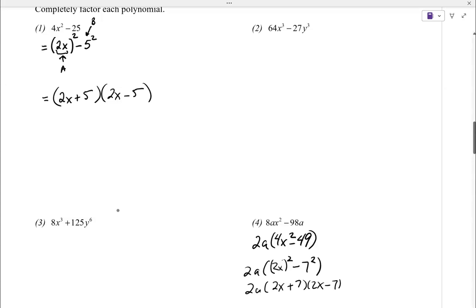So again, remember, I'll just write it down here since that's off the screen. You should have it in your paper. This part is my A, this part is my B. So I'm just plugging it into the formula, right? A is 2x, B is 7.